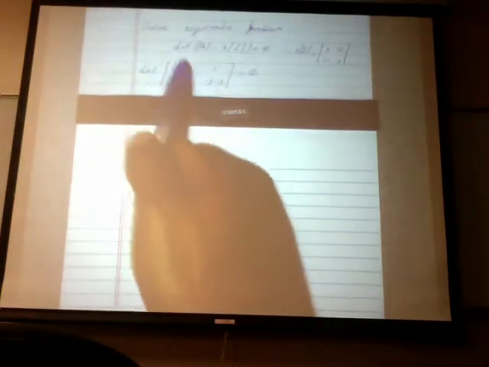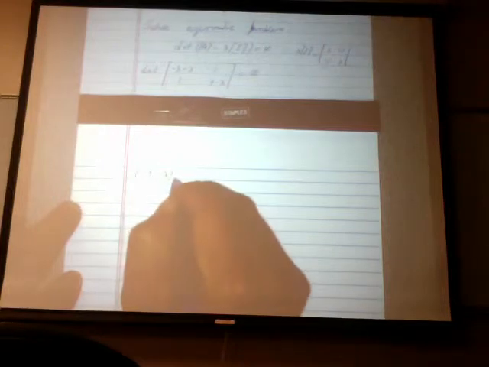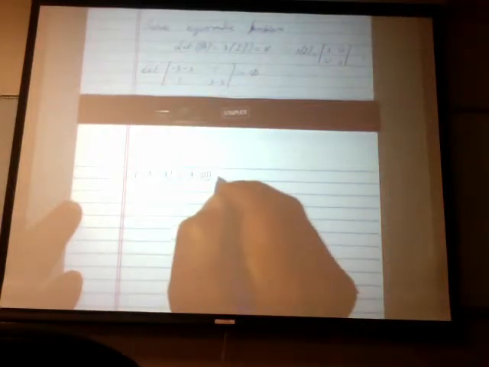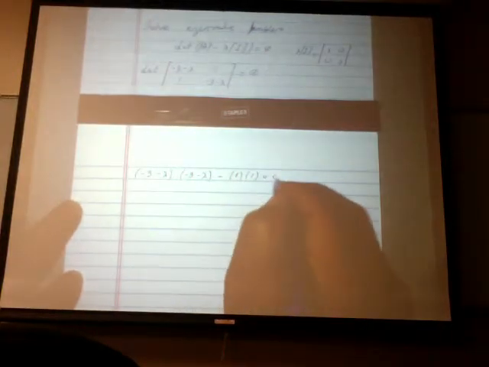Okay? So the determinant, remember, is the multiplication of the diagonal minus the multiplication of the counter diagonal. If this was a 3 by 3 matrix, then we would have all the diagonals positive and all the counter diagonals negative. Minus 3 minus lambda times minus 3 minus lambda, minus 1 times 1, is equal to 0.